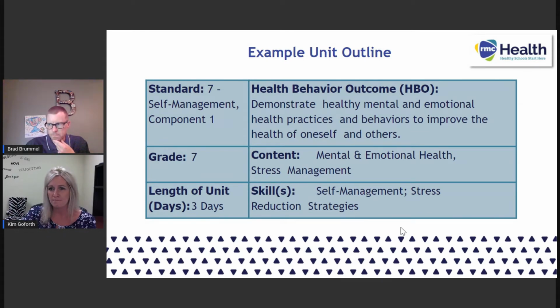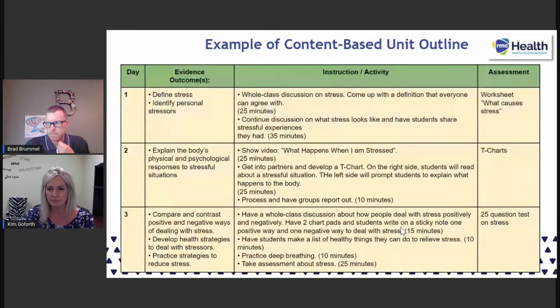So let's look at this first example, Brad. So we're just going to highlight some things. Again, this is the content-based outline. You can see that on the left side in the first column, it lists which day it is. So you can see on day 1 in this example, there's going to be some whole class discussion on stress, and they're going to come up with a definition for stress.